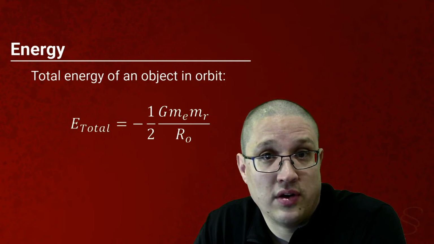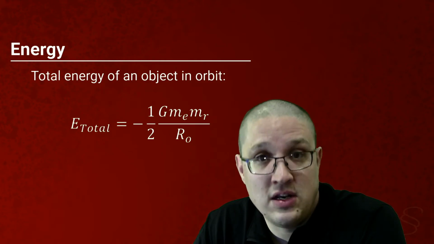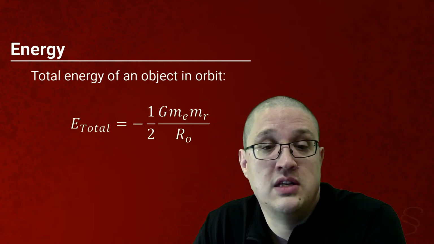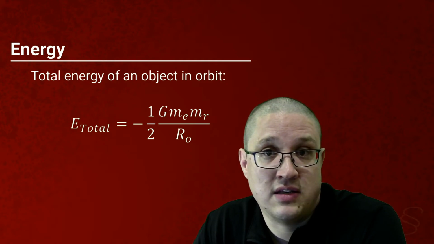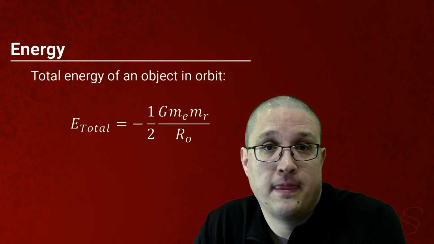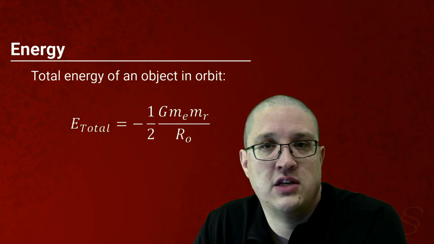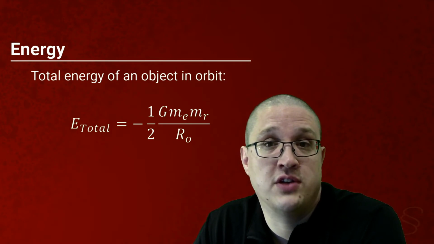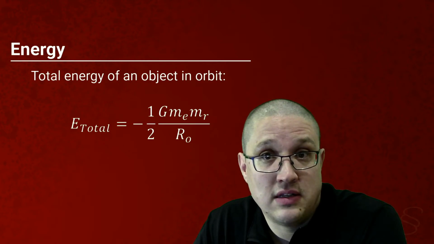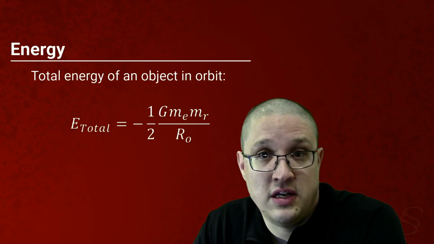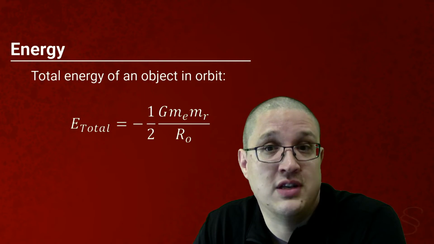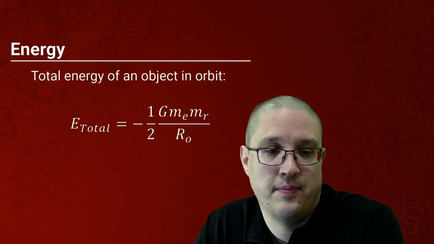That is important. When you're looking at these centers between objects, you need to add in the radius of these frequently. If I say the International Space Station orbits 100 kilometers above the surface of the Earth, that's great, but remember, there's an additional 6,000 and some kilometers to the center of the Earth that you have to add in.